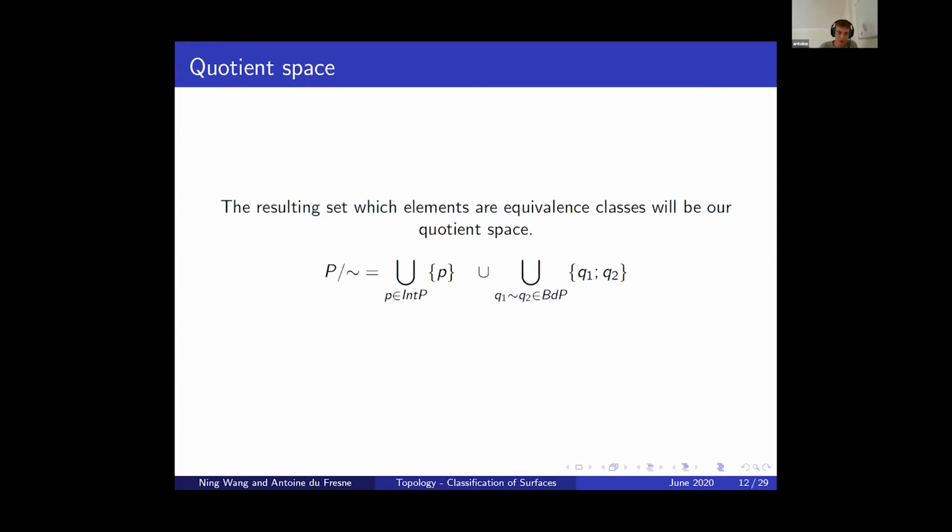So the resulting set, whose elements are equivalence classes, will be our quotient space, or more meaningfully, our identification space.